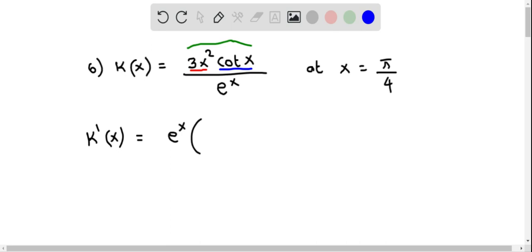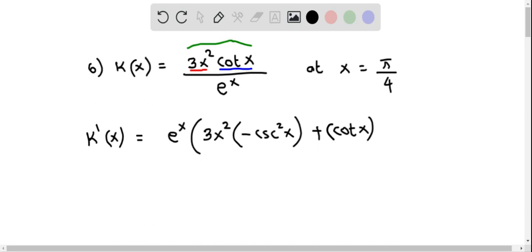I write the first term now, which is 3x squared, and then multiply with the derivative of cotangent x, which is negative of cosecant squared x. This is according to the standard formula for the derivative of cotangent x. Plus we now put cotangent of x, then multiply with the derivative of 3x squared, which is 3 times the derivative of x squared, which is 2x.